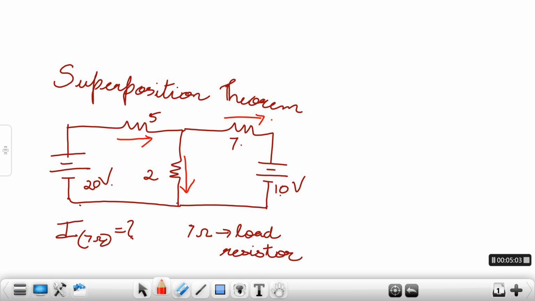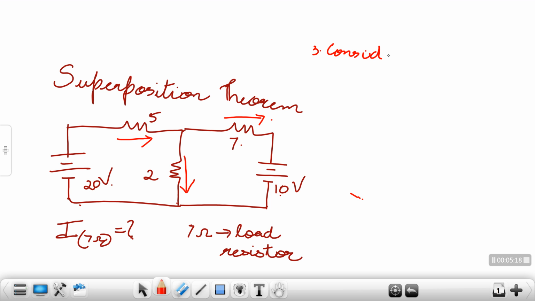Now, once you assume the directions of currents, next you have to keep only one source in the circuit, that is the third point.